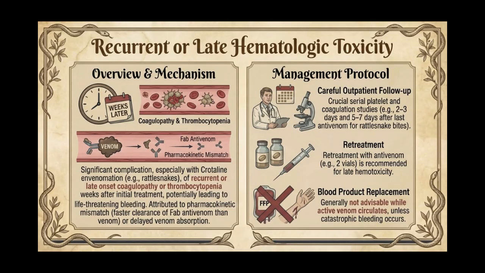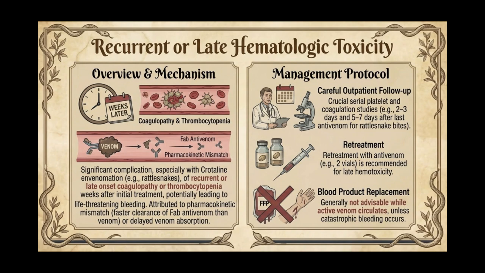It is crucial to conduct careful outpatient follow-up with serial testing of platelet counts and coagulation parameters. For rattlesnake bites, follow-up testing should be done 2 to 3 days and 5 to 7 days after the last dose of antivenom. Copperhead bites, which are less likely to cause severe blood-related toxicity, may only require one set of follow-up laboratory tests.